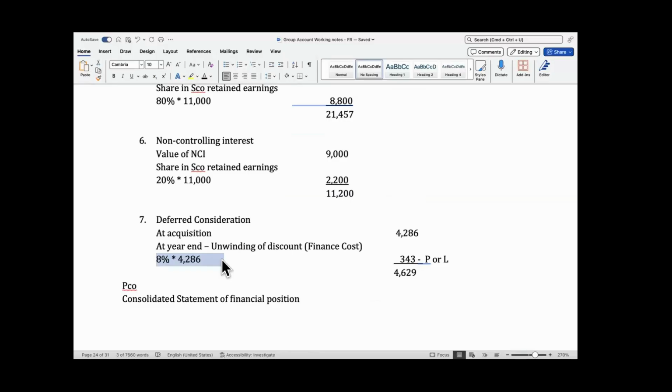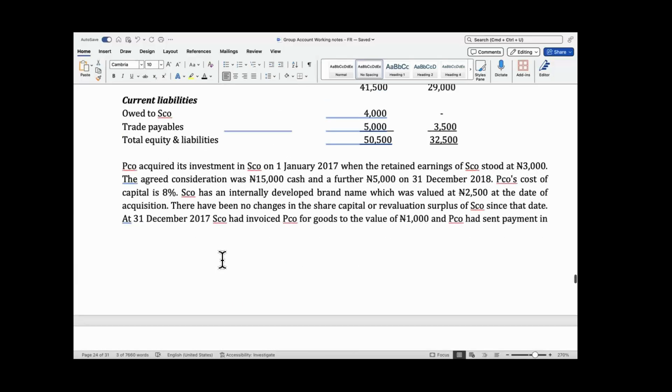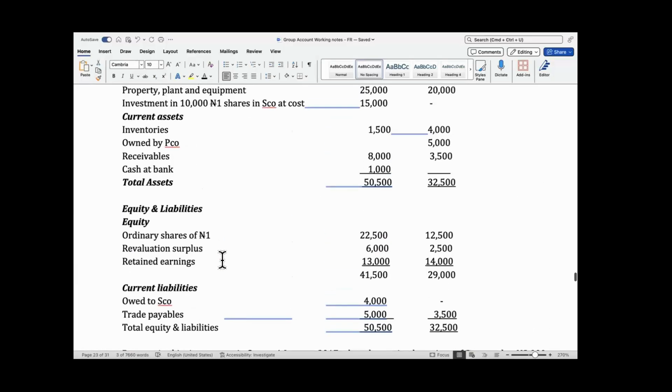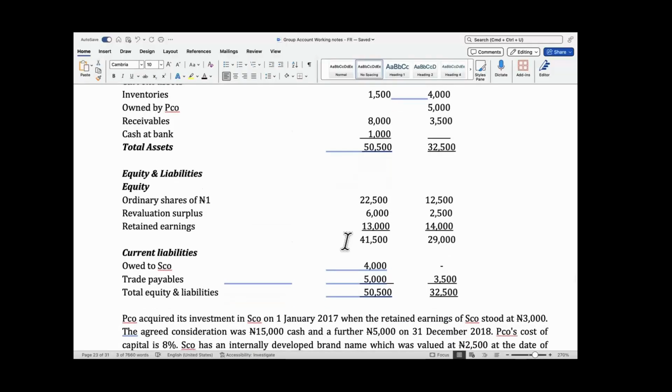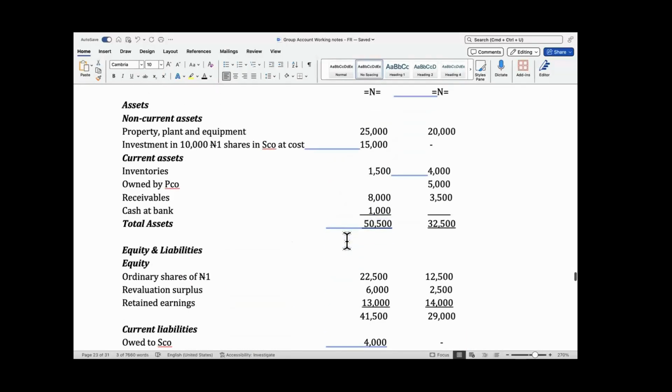Let's confirm 8% of 4,286. That one is 343. So when you're doing your own revision, you might find it. Sorry, scroll up to where you have 4,286 minus 343.